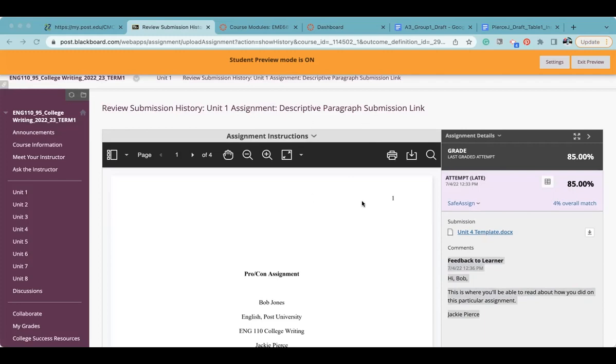So on this particular one, this student got a proficient score in description and details, which is a good score, not exemplary, but a good score. Got exemplary in reflection, got a needs improvement in organization and structure. So that would be something they would want to pay attention to a little bit more later.